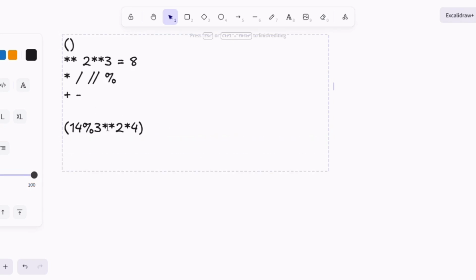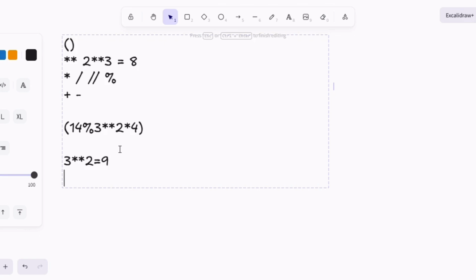We see we have an exponentiation over here. So we'll solve this. We have 3 exponentiation of 2. What will be the value? 9. Correct. So we'll solve this first.